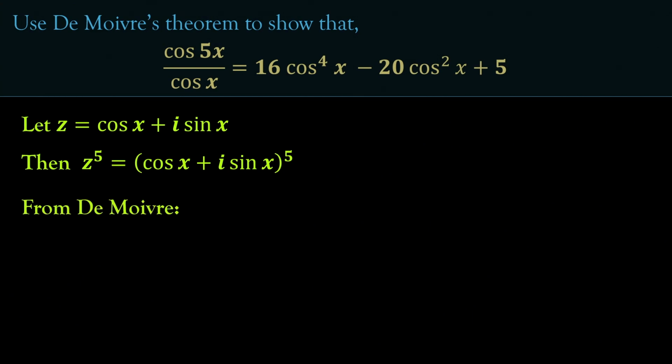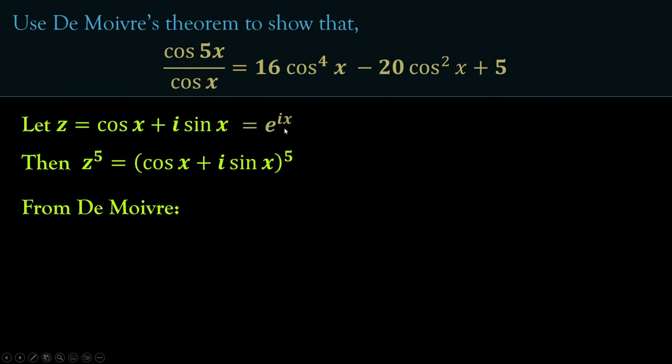So cosine of x plus i sine x is e to the power of ix, where the x here is the argument of the complex number. The x here is called the argument of the complex number. So if the argument is x, then the complex number can be represented like this, in terms of e, or in terms of cosine and sine of x.